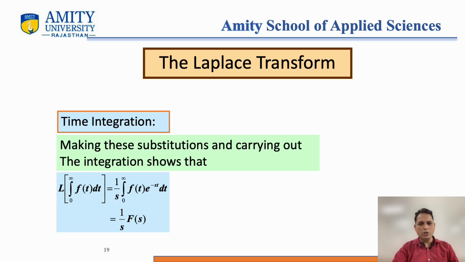As you have seen, the integral from 0 to infinity of e to the power minus st ft dt is the basic definition of the Laplace transformation of ft, whose value is equal to fs. So the answer becomes f bar s upon s. It becomes a key for us when we have questions having a Laplace transformation of the integral from 0 to infinity of ft dt, then its answer will be fs upon s.